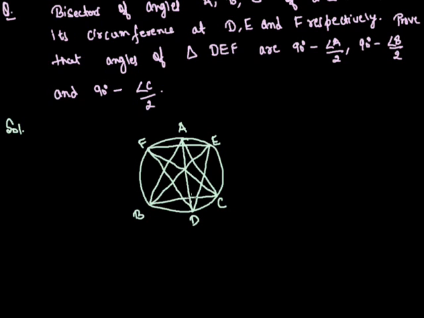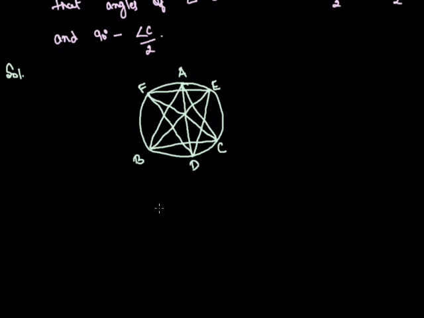Now we have to prove that the angles of triangle DEF are 90 degrees minus angle A by 2, 90 degrees minus angle B by 2 and 90 degrees minus angle C by 2.